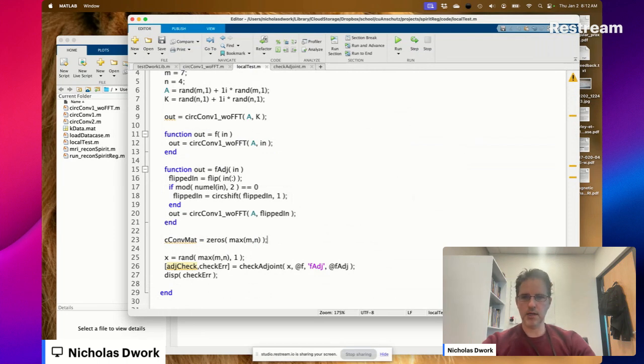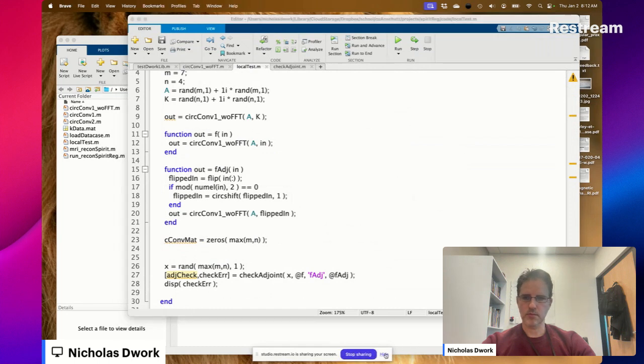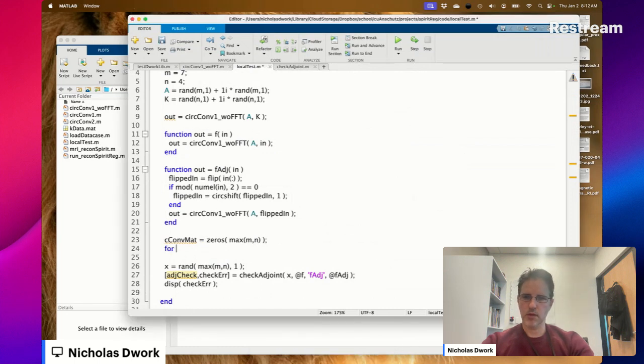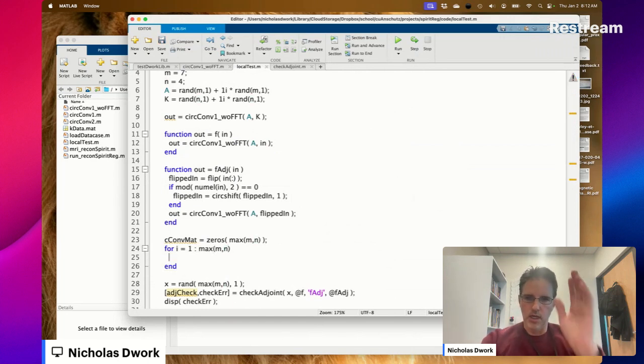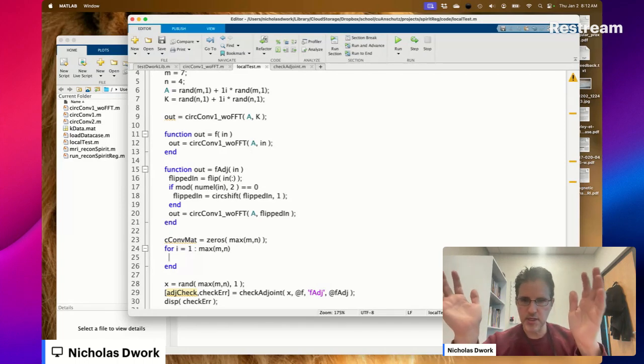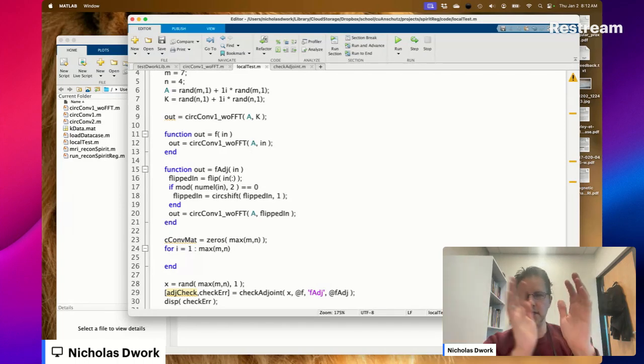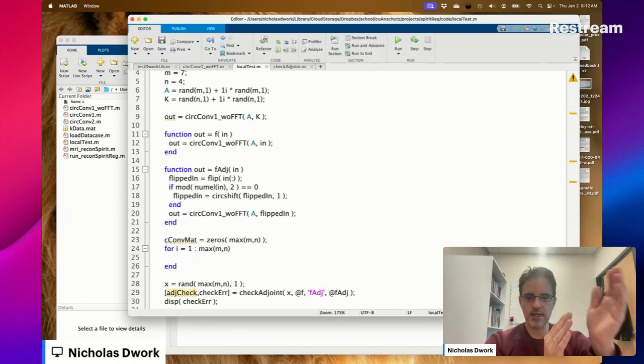It's going to be square. To make the matrix for a linear transformation, you apply the linear transformation to each element of the standard basis, and then store the results as the columns of the matrix.